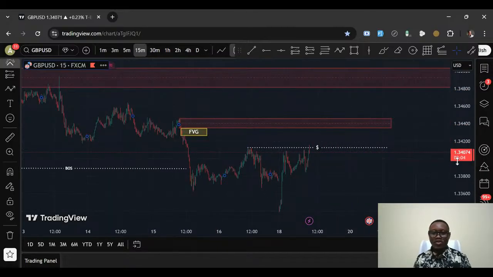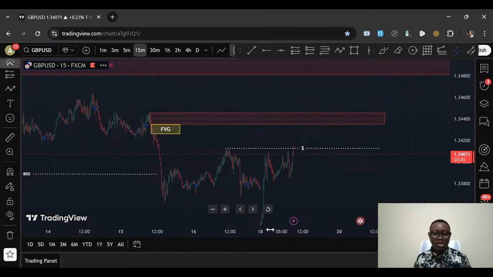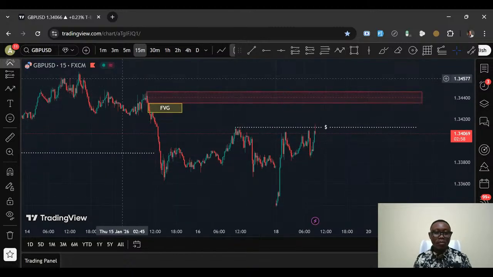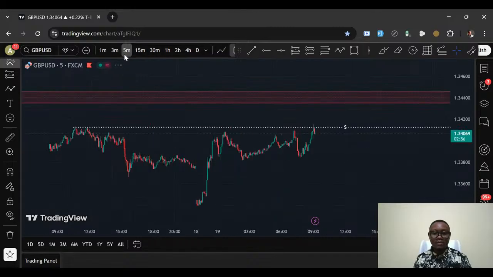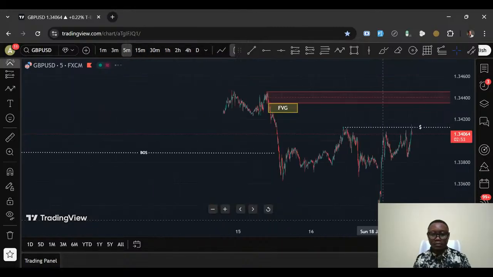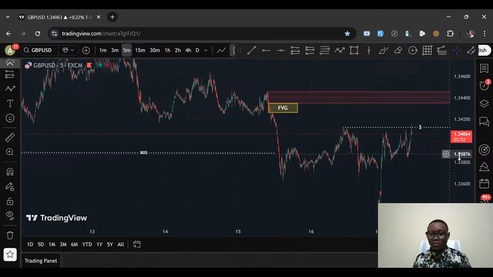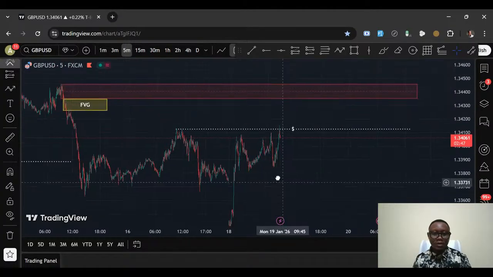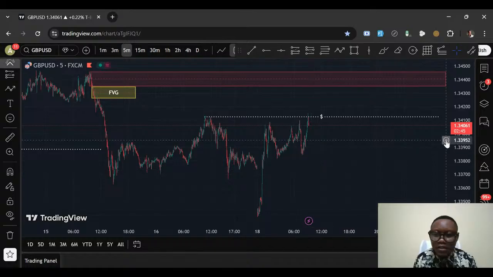Now let's refine further to the 5 minutes time frame, which is our entry time frame.